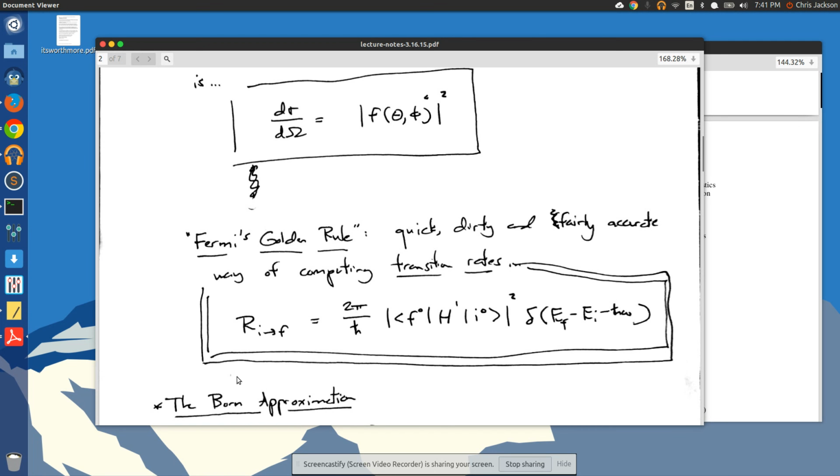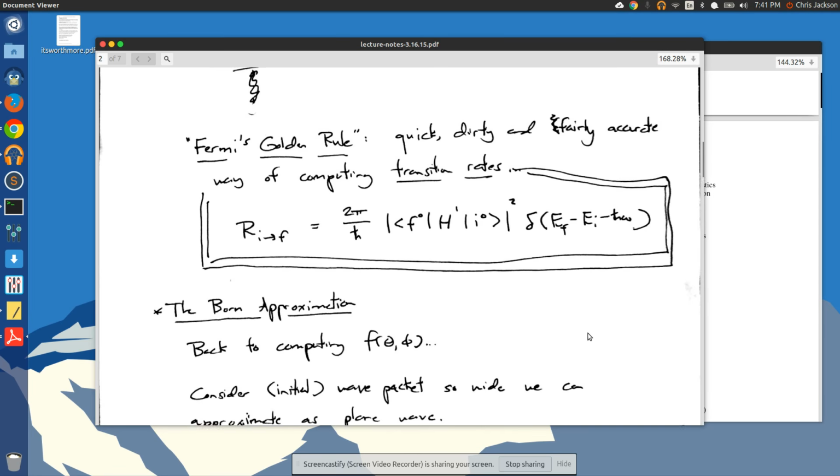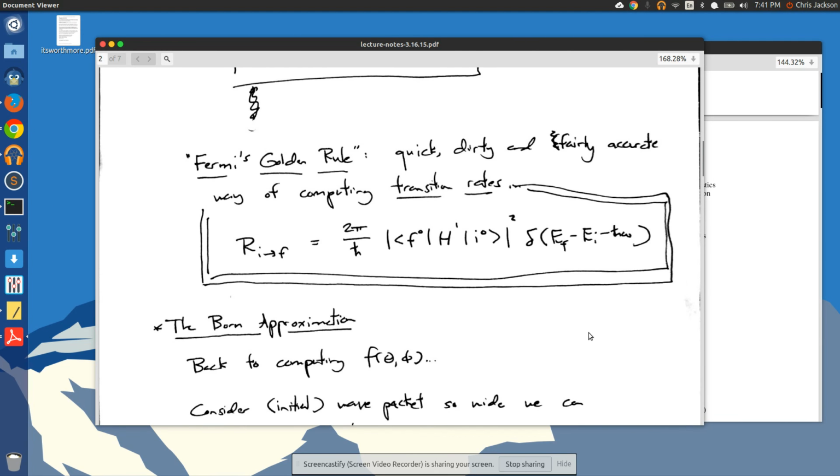Right, that's what this symbol means here, and it basically boils down to just the matrix element of the perturbation Hamiltonian modulus squared, and then some factors, and then a Dirac delta function that basically enforces energy conservation. Okay, so we're going to make use of this today.